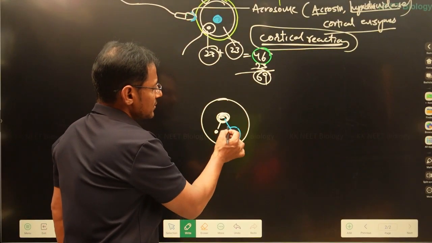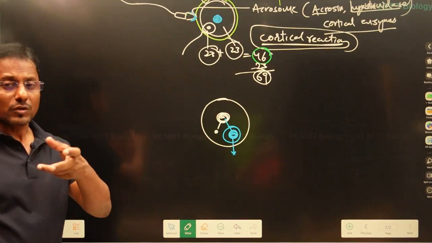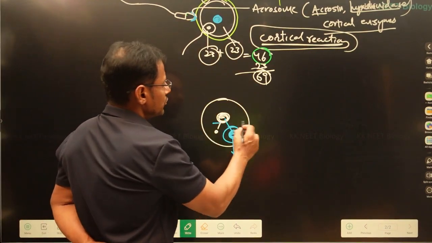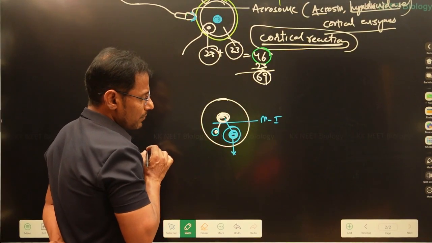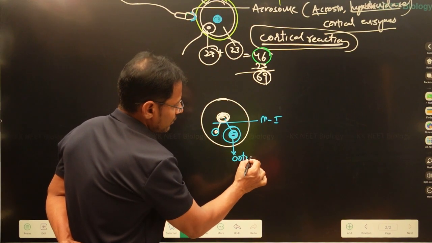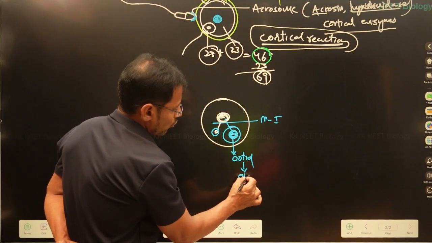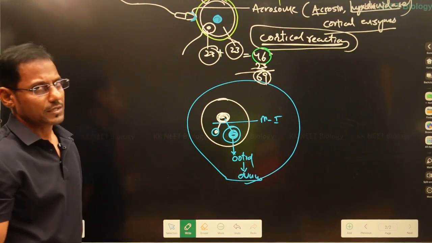Whatever daughter cell is formed by the division of meiosis 2, the second polar body is formed, as well as here, this we call the oocyte, and later on it is going to change into the ovum, right? Remember this once the question is asked.